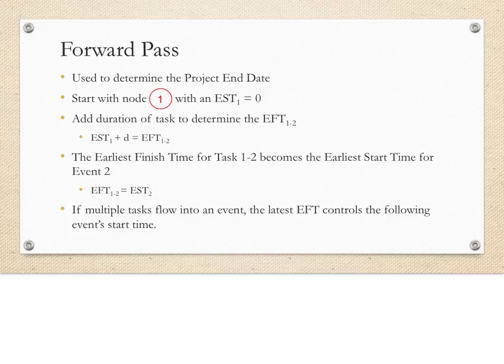If an event has multiple tasks pointing to it, the task with the greater or latest earliest finish time becomes the earliest start time of that subsequent event. Which makes sense, because if you have two tasks that need to be completed before taking on another task, the task that takes longer will determine the start time of the following task.